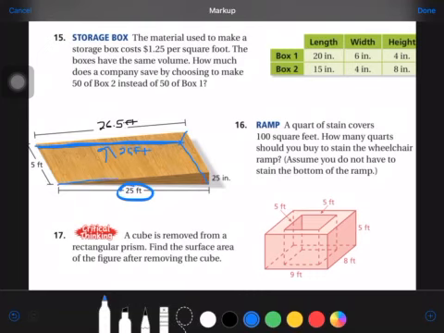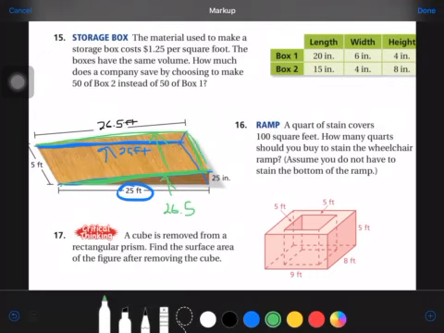Okay, and then what's the measurement of this line? Let's do that one in green. Across from that is 26.5. So this is also going to be 26.5. Okay.